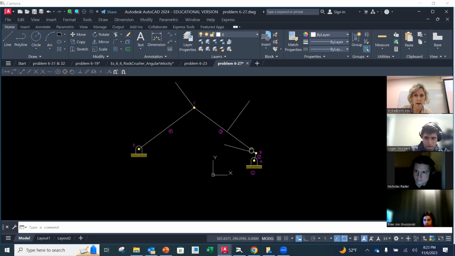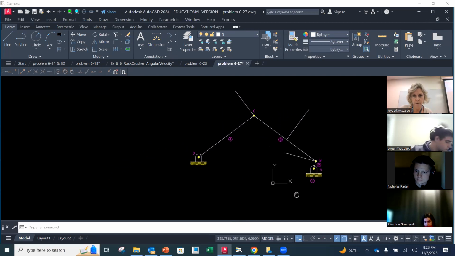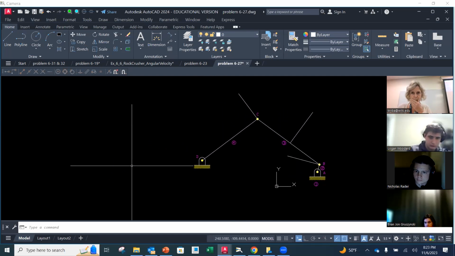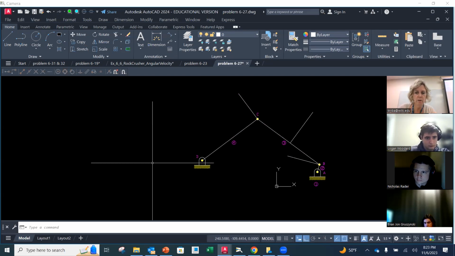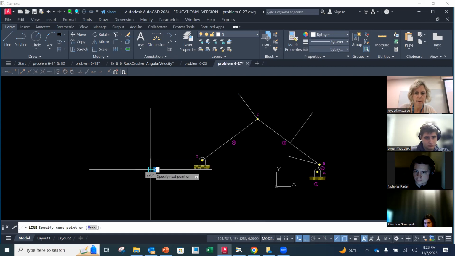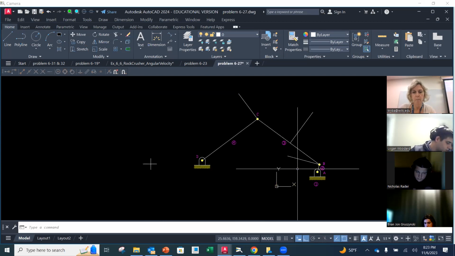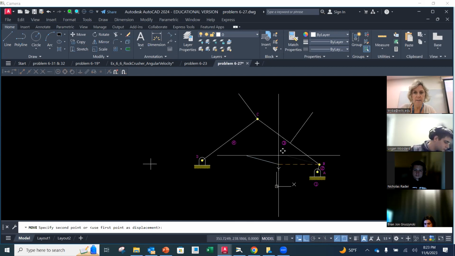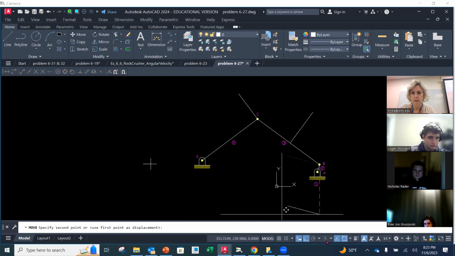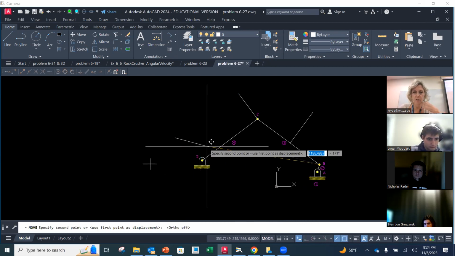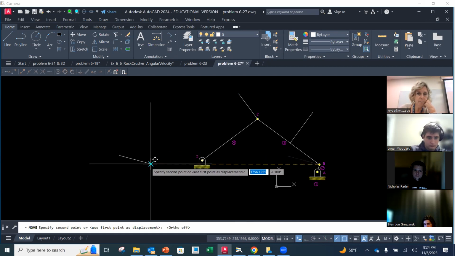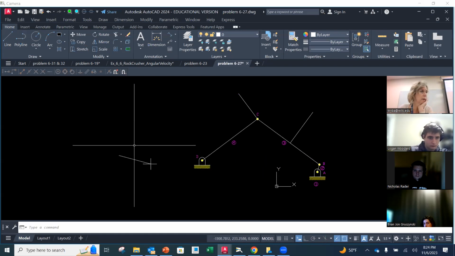Okay. So I am going to start, I think I'm going to draw it over here. Yeah. And I can always move it. So I'm going to start with an origin. And I'm going to then move my line that represents the line of action of velocity B, and I'm going to put it at the intersection right here.